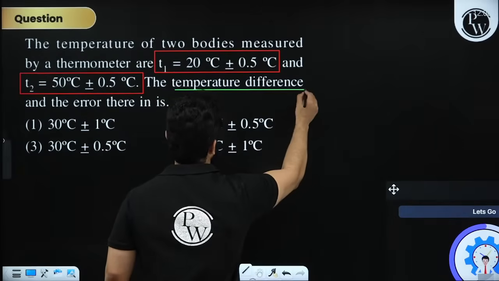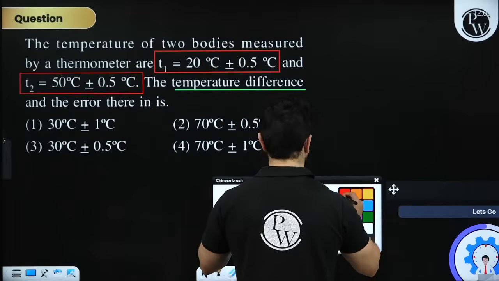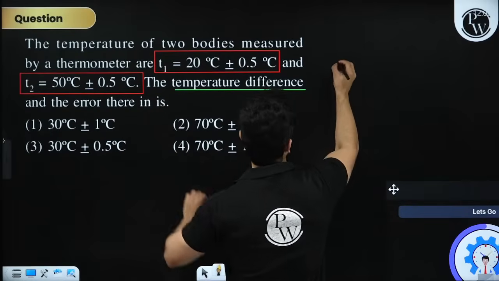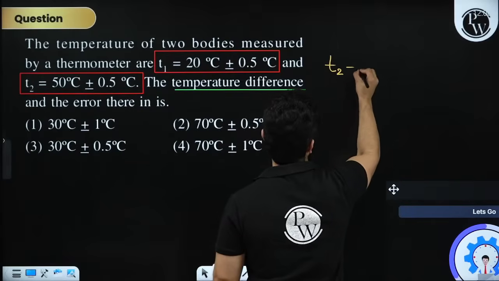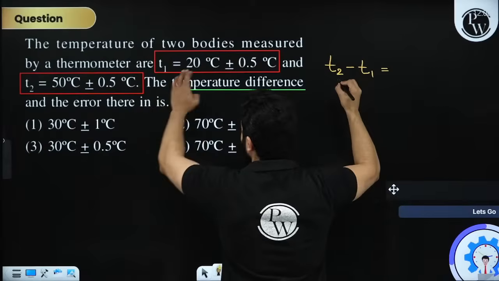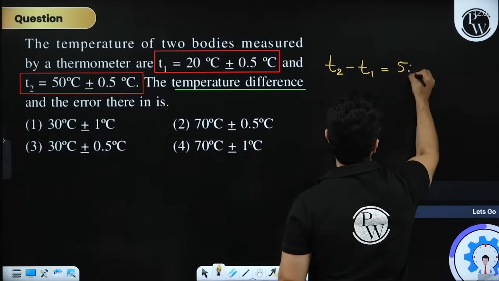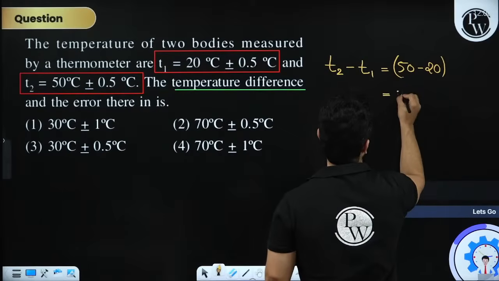Got it? Temperature difference with error basically means they want us to find out T2 minus T1, because T2 is greater than T1. So we simply write it as 50 degrees minus 20 degrees. This is going to be 30 degrees Celsius.